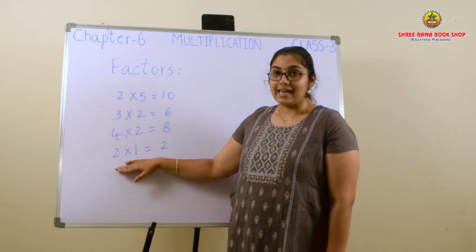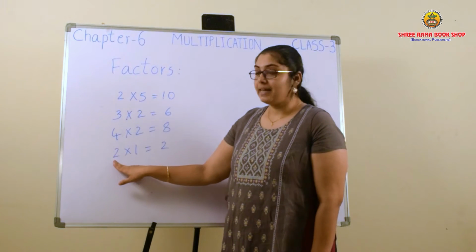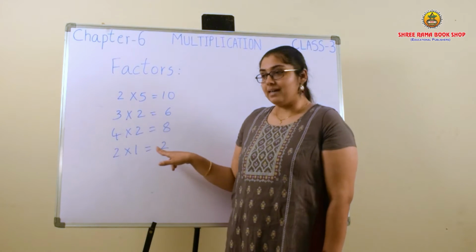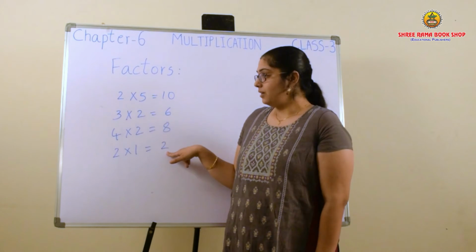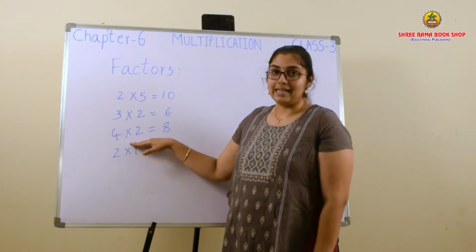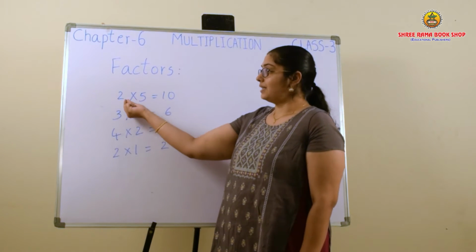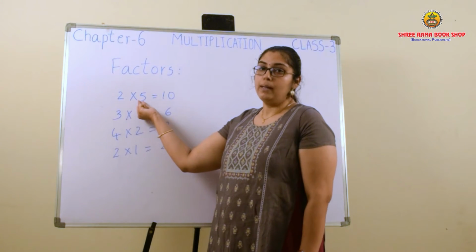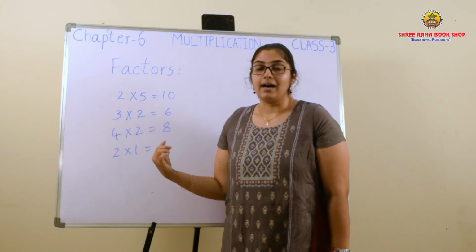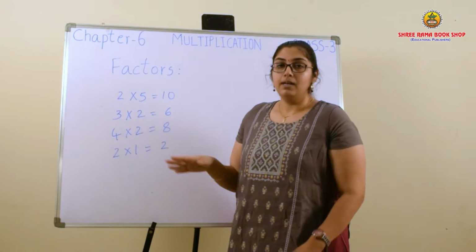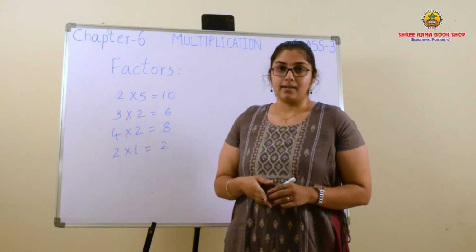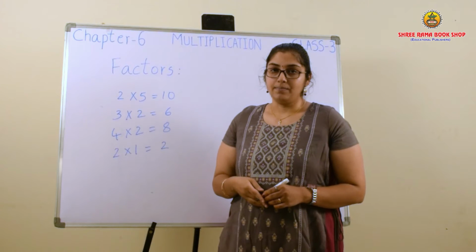From this I can even say that when you multiply a number with 1, the answer is the number itself, right? From all these examples we can say that the factors of the products are nothing but the numbers which you multiply. You have an exercise based on this concept, exercise 6.2 in your textbook. Please go through it. Thank you.